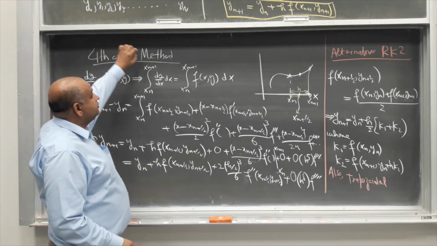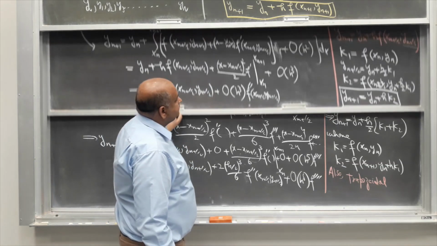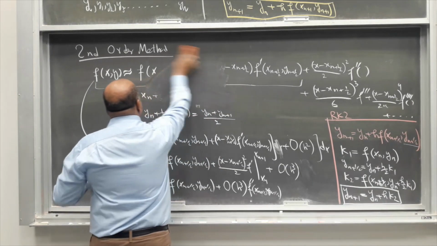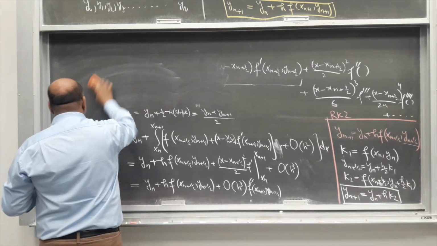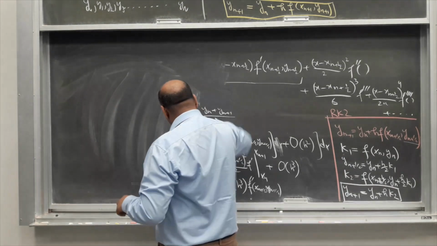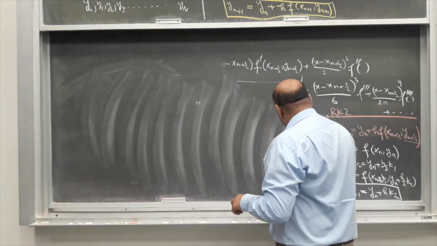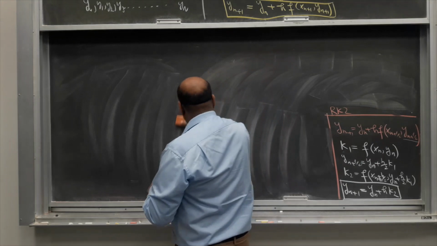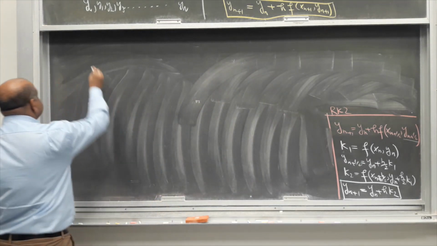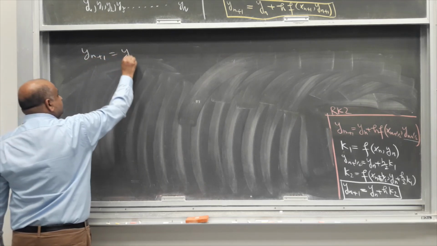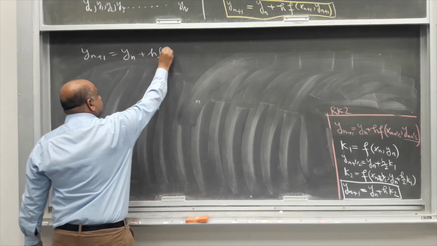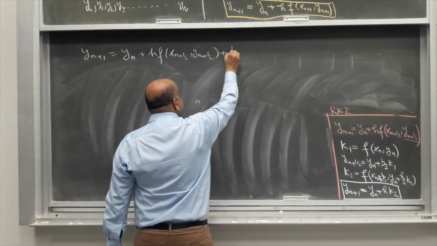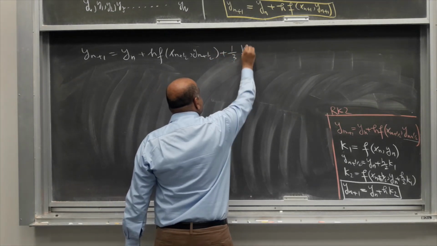Let me go to the new board. So let's continue. yn plus 1 was yn plus h f of xn plus half, yn plus half plus 1 over 3 h by 2 cubed.